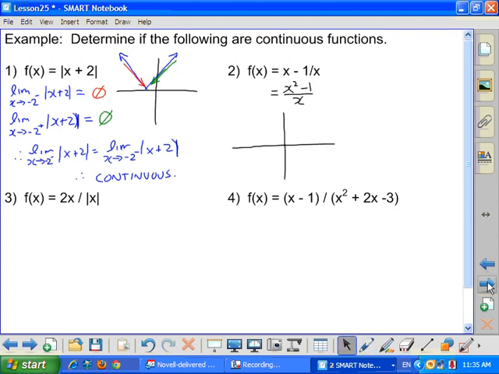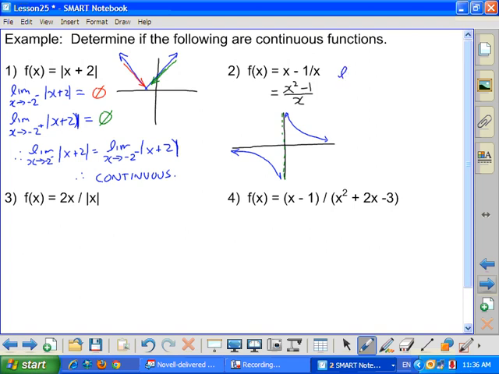I know that there's an asymptote at 0. You guys can figure out from that x squared that when x is positive, it'll be positive. So it's going to look something like this. This is from MHF4U, your advanced functions. You should be able to give yourself a quick sketch with this.